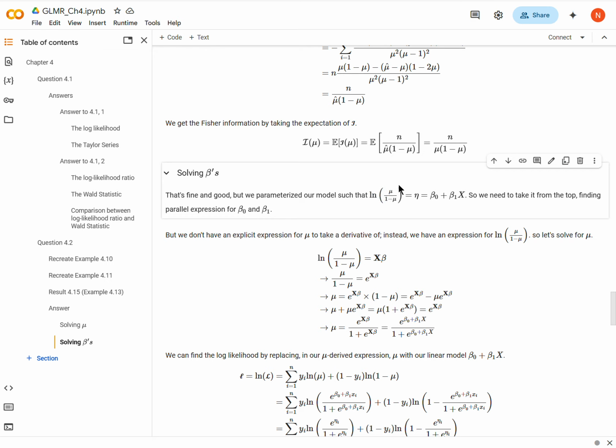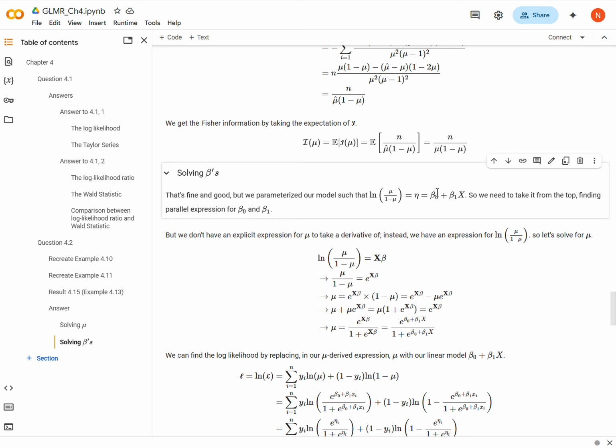So it's the log of mu divided by 1 minus mu, and our linear model is actually describing this, not just mu. Sometimes I'm going to use the eta symbol to represent the entire linear model, which shortens the notation a little bit.